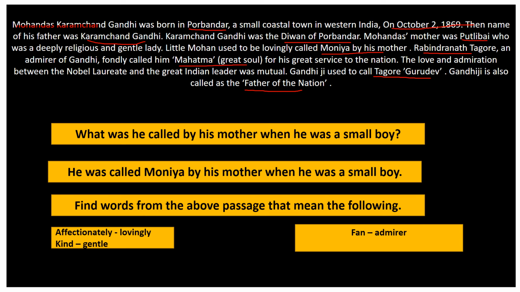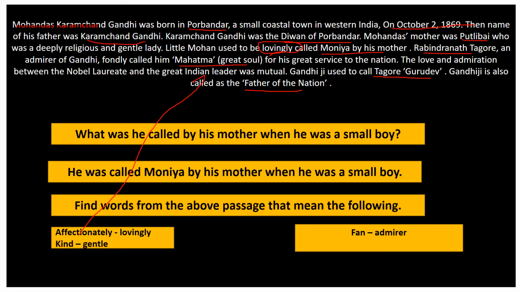Like if you are thinking that you don't know the meaning of affectionately, now see, here is lovingly, and if you are writing a letter, yours lovingly, yours faithfully, yours affectionately, so there we are using it in salutation, right? Very easy. Then we know kind, that is gentle lady.